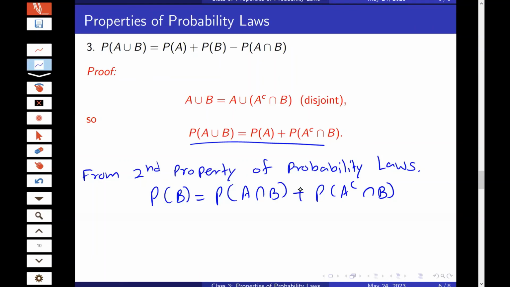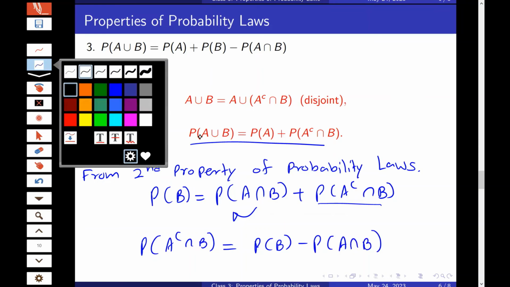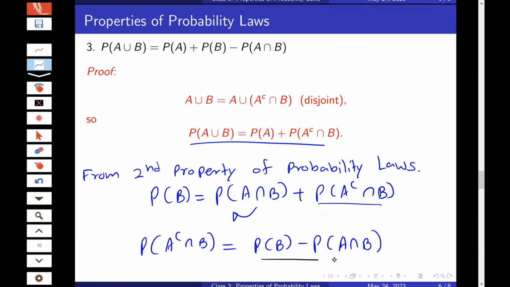From this one we can write something like this and bring this one to the other side to find the expression for this value. So P(A complement intersection B) is the same as P(B) minus P(A intersection B). Now you can plug this expression in here.